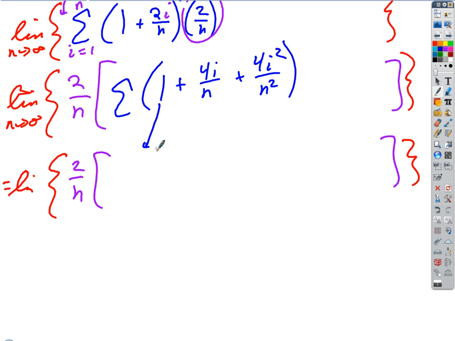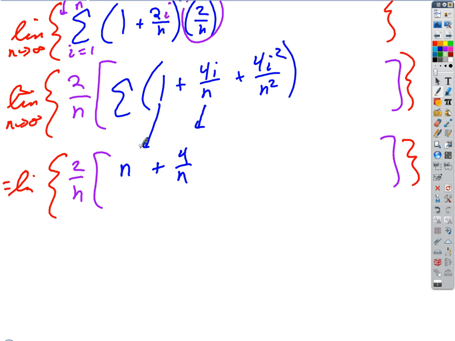What's the sum of 1 as i goes from 1 to n? n, right, good. So that gives us an n, plus, how about that one? The 4 over n I can pull out front, right? And then what I've really got is 4 over n times the sum of i. You see that?